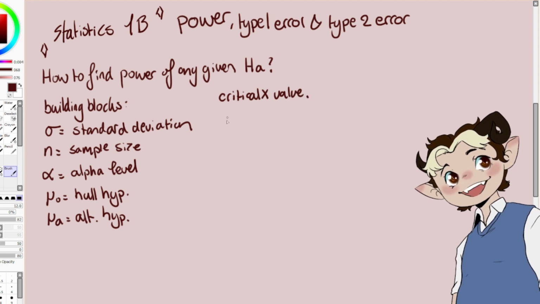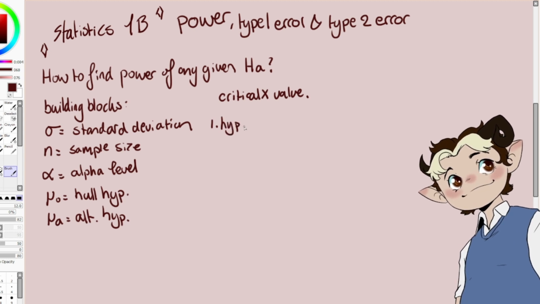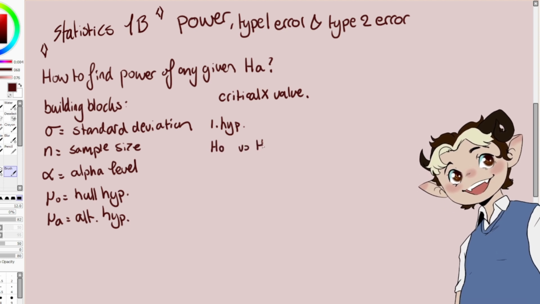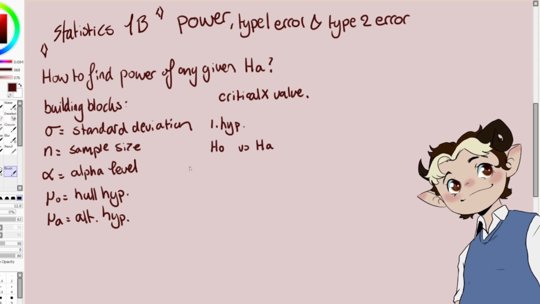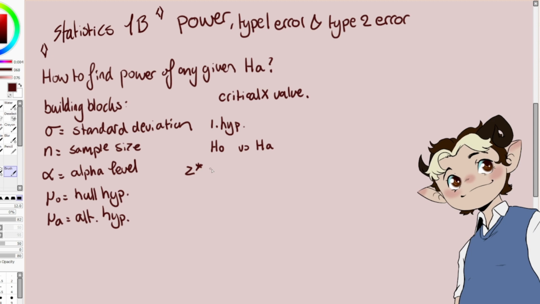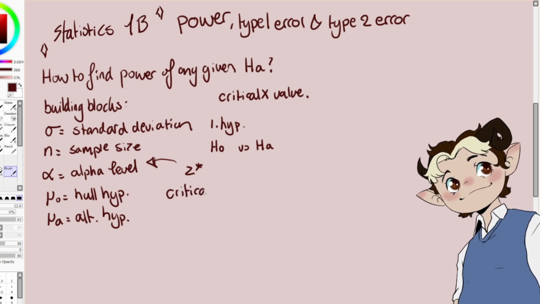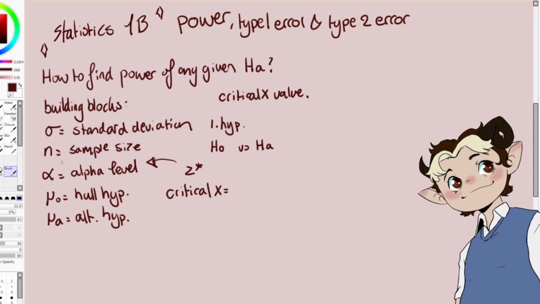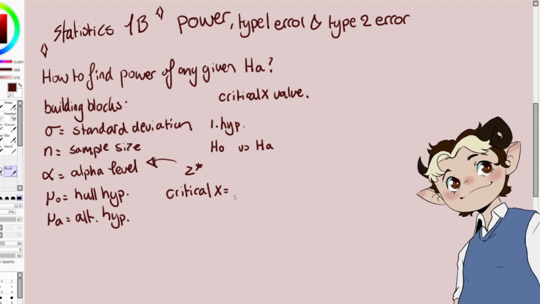So how do we do that? Well, step 1, like always, is getting our hypotheses. So that is our null hypothesis versus our alternative hypothesis. It's the normal thing that we always do. Then we find our z, which is based on our alpha level. And then we find our critical x by basically combining our null hypothesis with a margin of error.